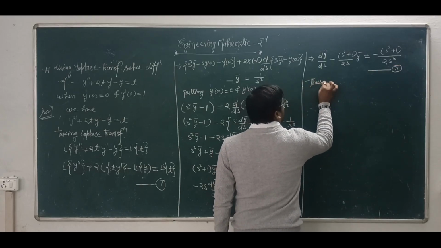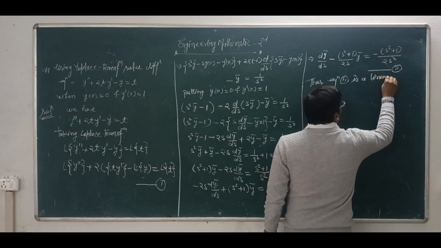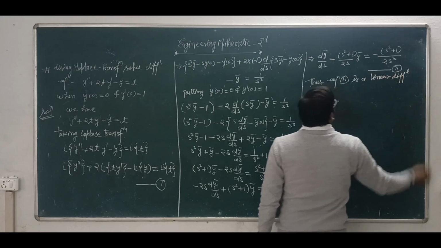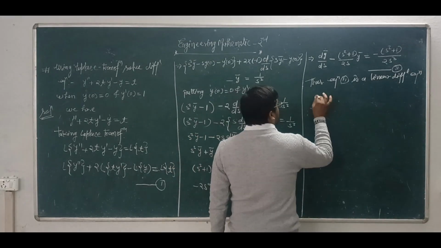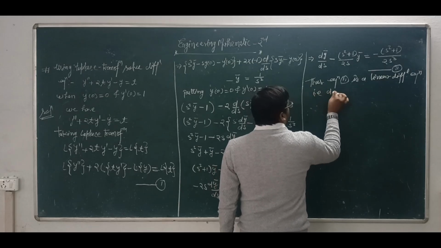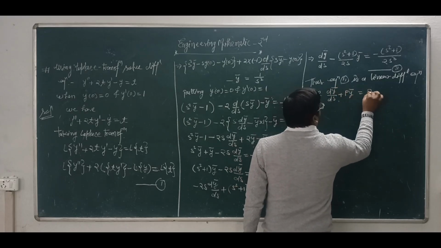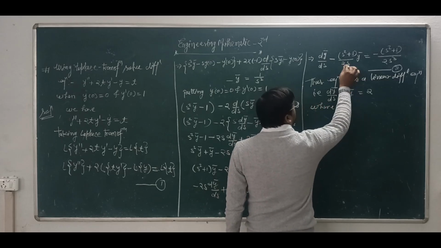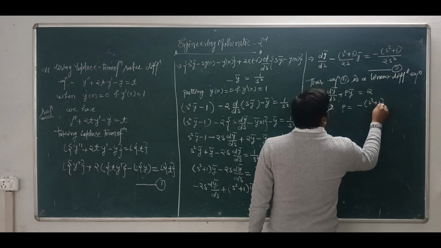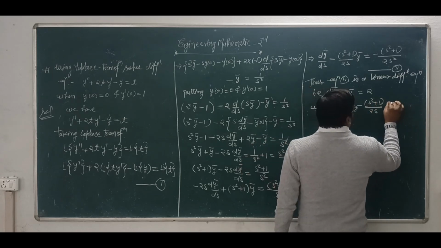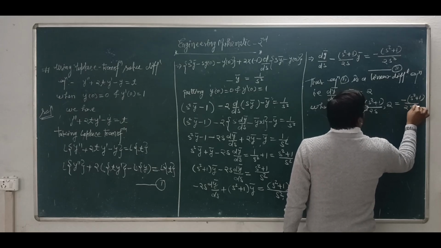Thus equation second is a linear differential equation, that is dy by ds plus py is equal to q, where, as we compare equation second and this, p is equal to minus s square plus 1 upon 2s and q is equal to minus s square plus 1 upon 2s cube.